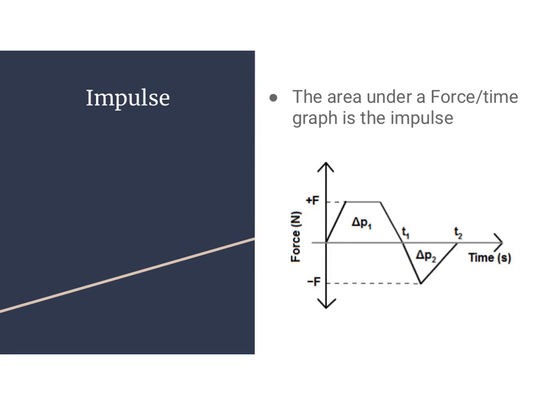Now, as with many of our other relationships, we can talk about how this relationship looks graphically and what the graph tells us about the relationship. As we said, the impulse or change in momentum is equal to net force times delta t.